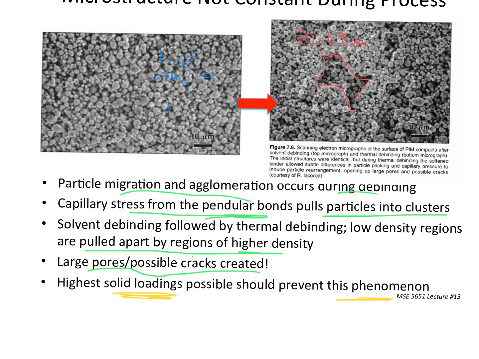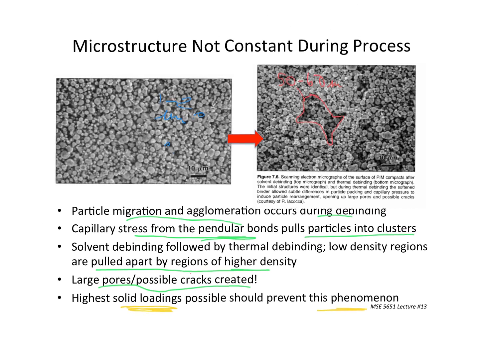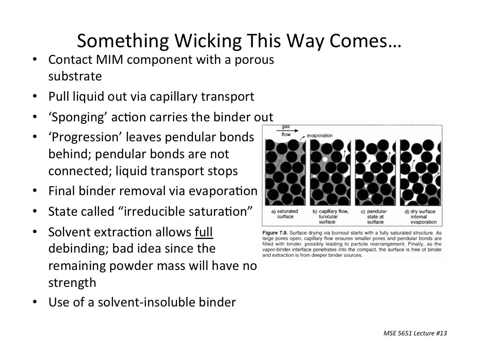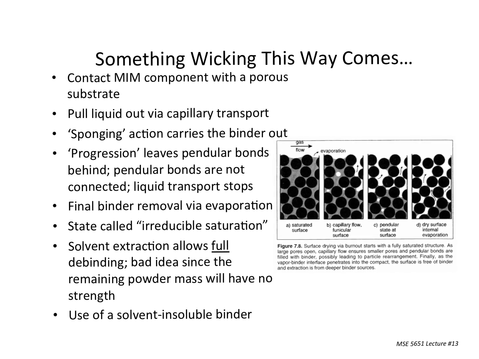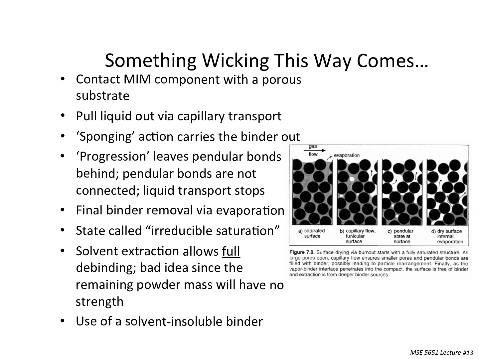All right, so these surface-based phenomena can do different things. Some of those things are good, and some of them are not so good. And so this is a popular area to use this wicking process, in which we contact the metal injection molded component with a porous substrate, meaning that it's sitting in a bed of alumina, which is not a bad thing to use with metals.